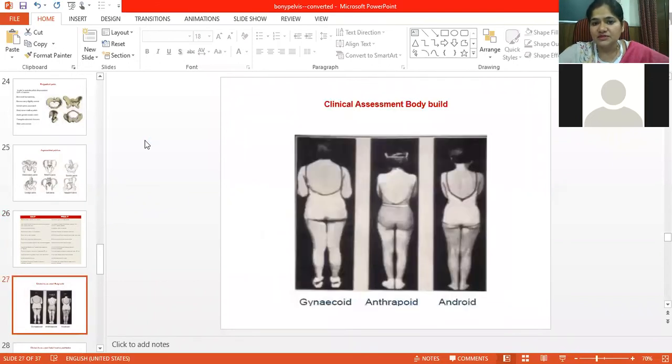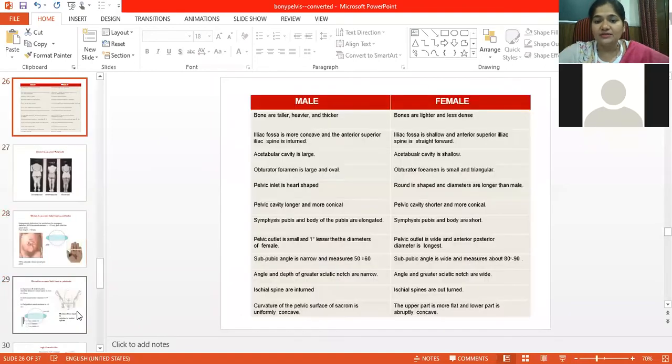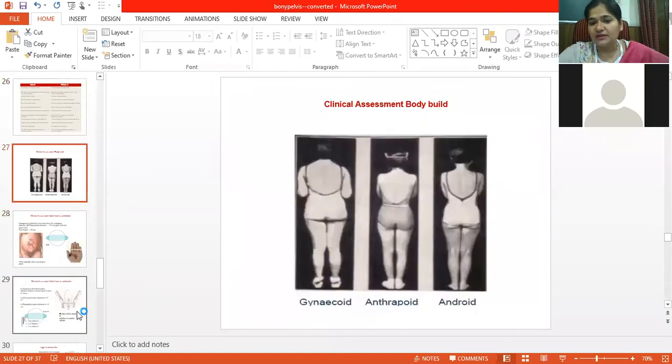This is a typical broad gynecoid pelvis. This is an anthropoid pelvis, and this is an android pelvis. These two are favorable female pelvises. This pelvis is not very favorable for normal labor. The android pelvis is more like the male pelvis, so it is not favorable for normal labor.